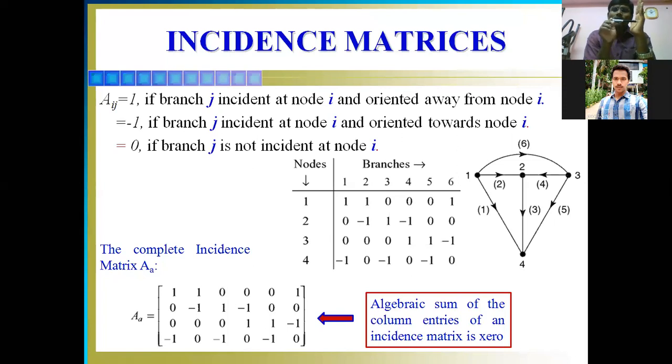So if the same branch is connected to node i and the current is flowing into the node, this value should be minus 1. And the element value is equal to 0 if there is no connection between them. If the branch is not incident at the node, that element value is equal to 0.